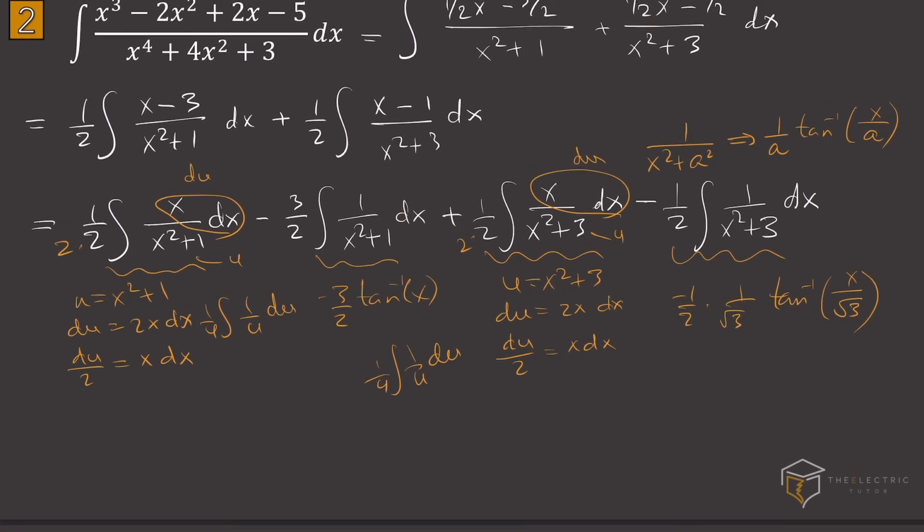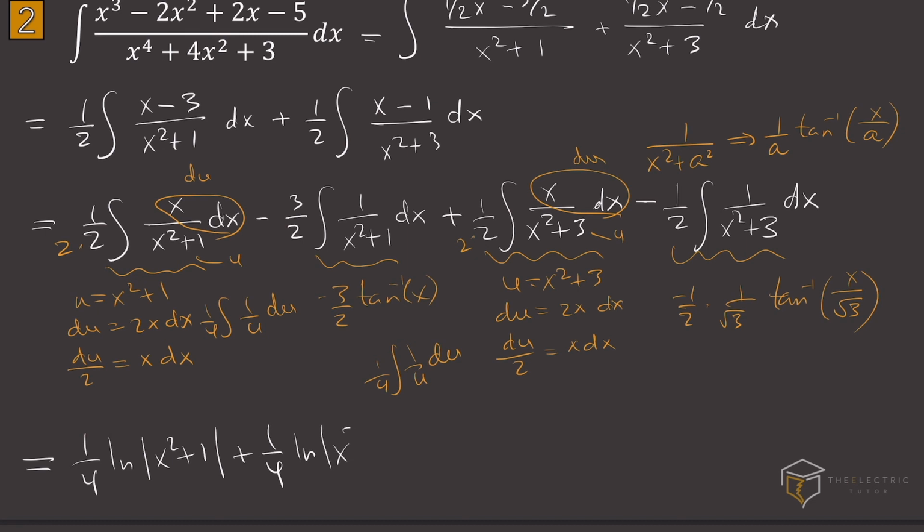So finally, all of this is going to be equal to the first integral, so 1/4 natural log absolute value x squared plus 1, and then plus 1/4. I'm going to take the third integral to make it a little bit more consistent.